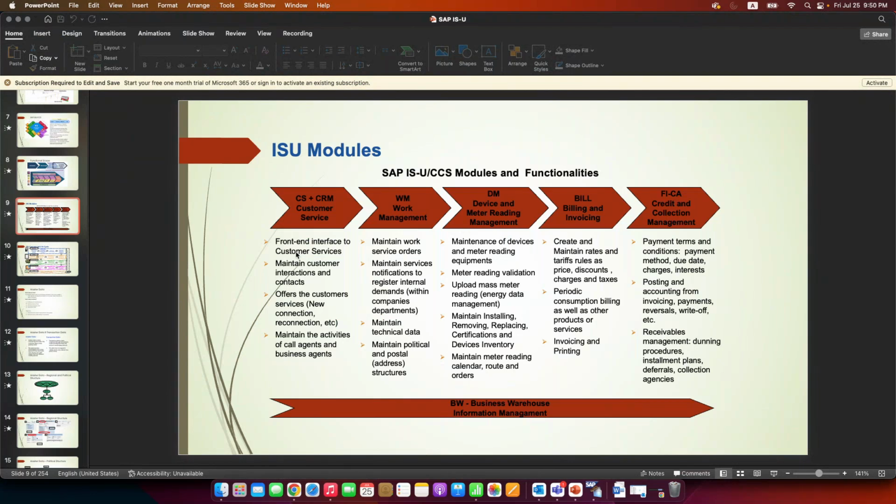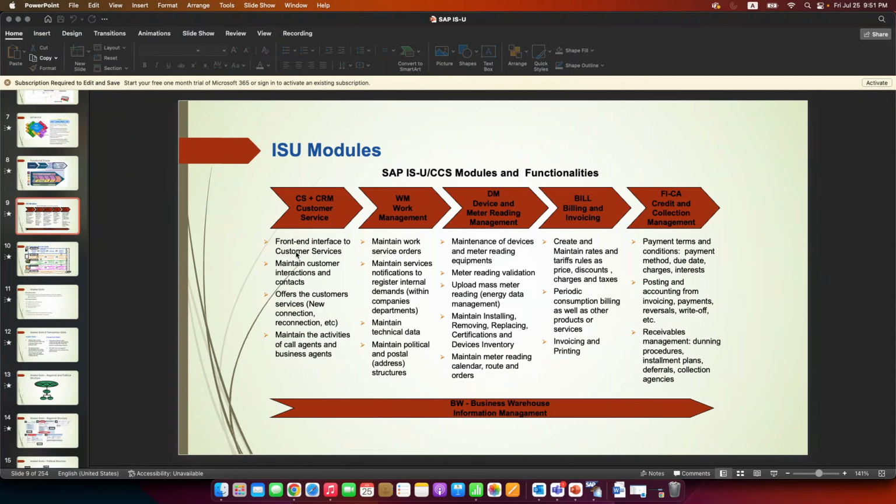And nowadays people are replacing it with Salesforce CRM. CRM used to be like a GUI, the way we log into SAP. But then they came up with the web application CRM 7.